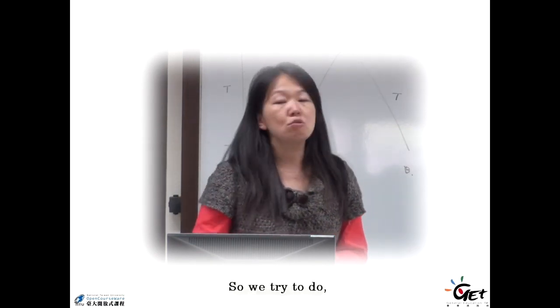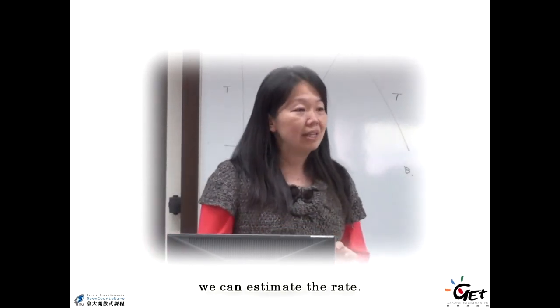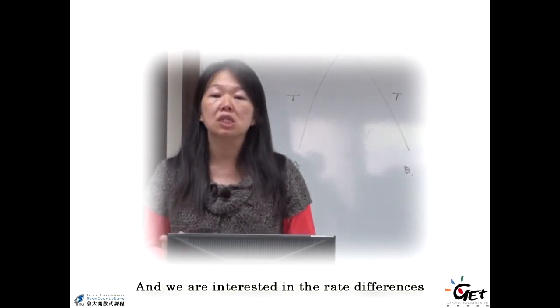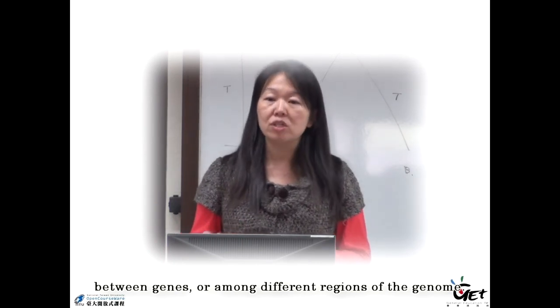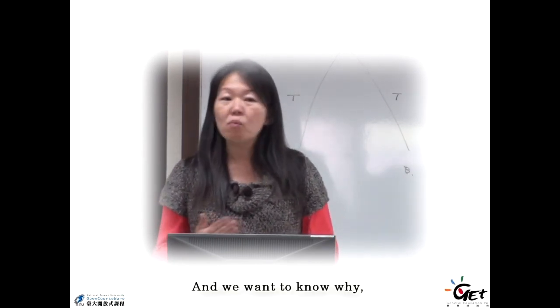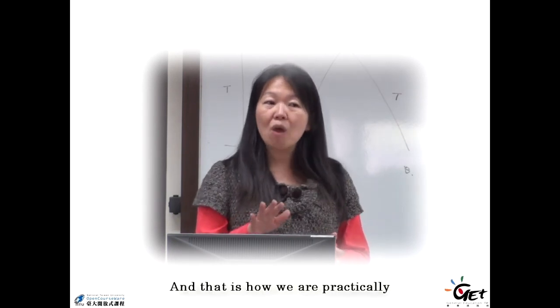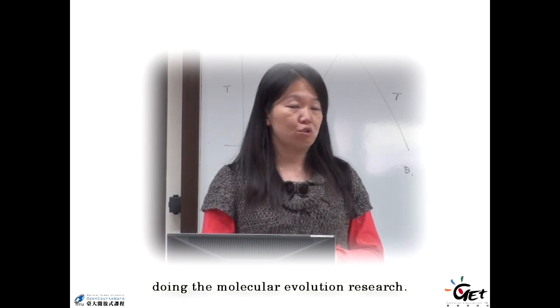What this chapter tries to do is tell you we can estimate the rate, and we are interested in the rate differences between genes or among different regions of the genome. And we want to know why. That is how we practically do molecular evolution research.